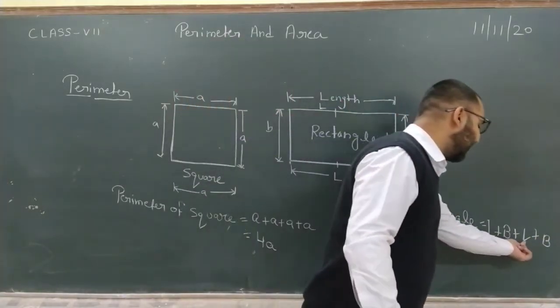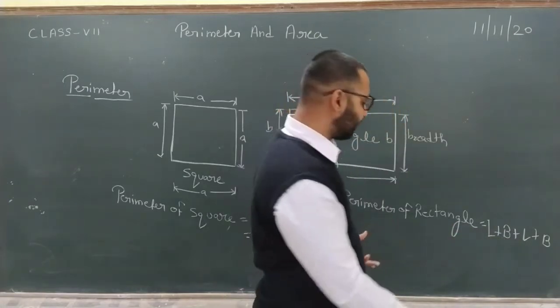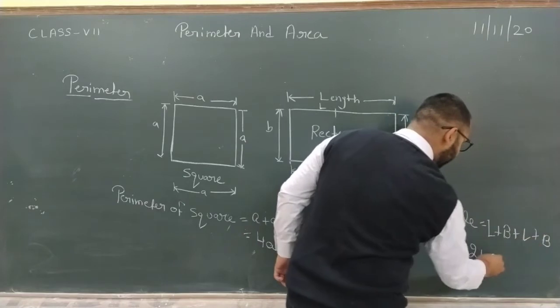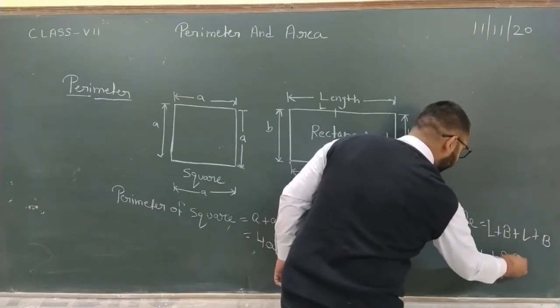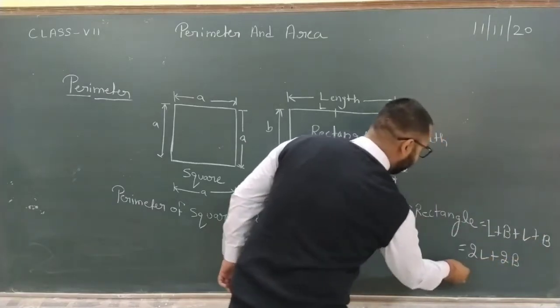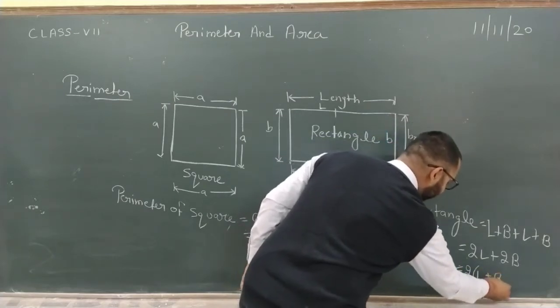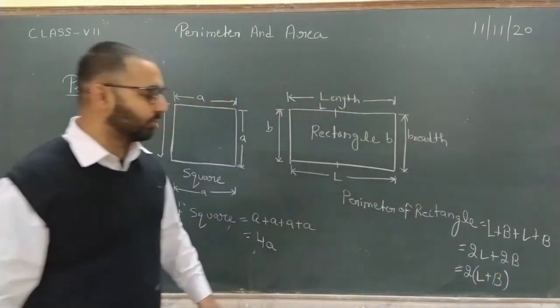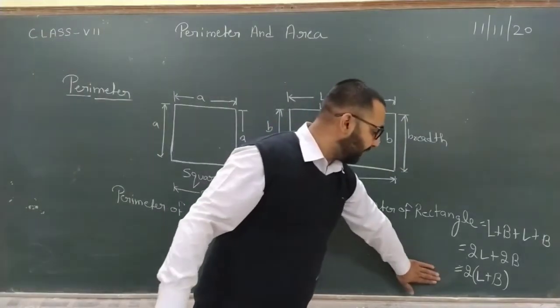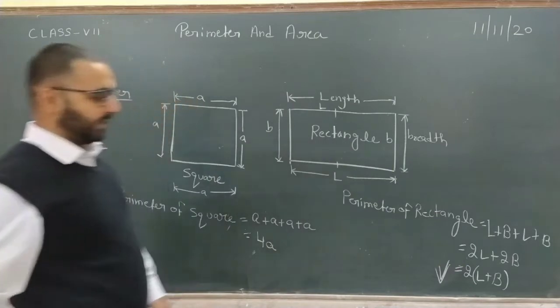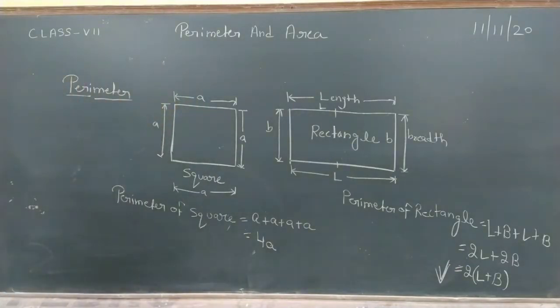Now L plus L we can add because they are like terms, it will be 2L, and B plus B is 2B. As you can see, 2 is common, so I can take out 2 and write the formula as 2 into L plus B. So the formula for the perimeter of a rectangle will be 2 into L plus B.